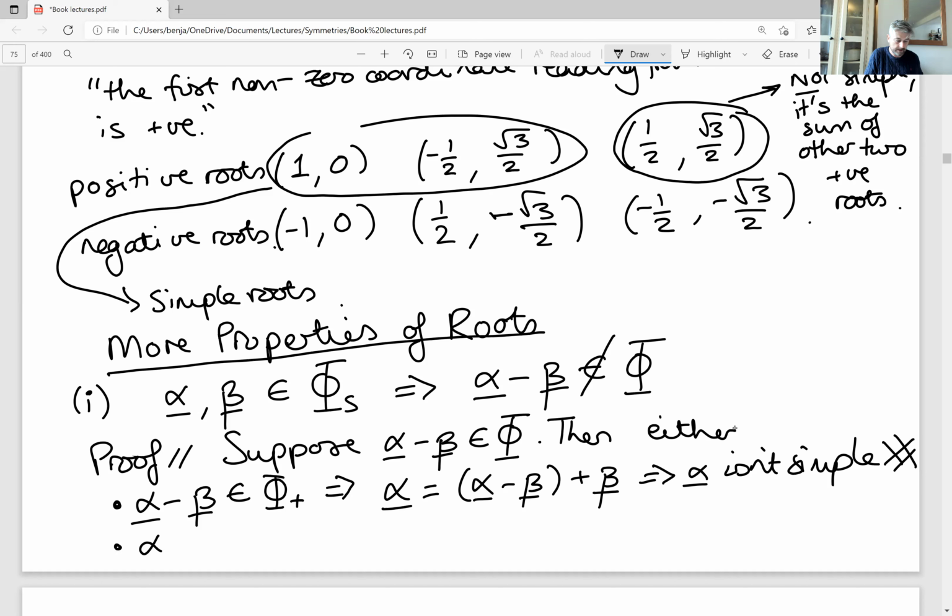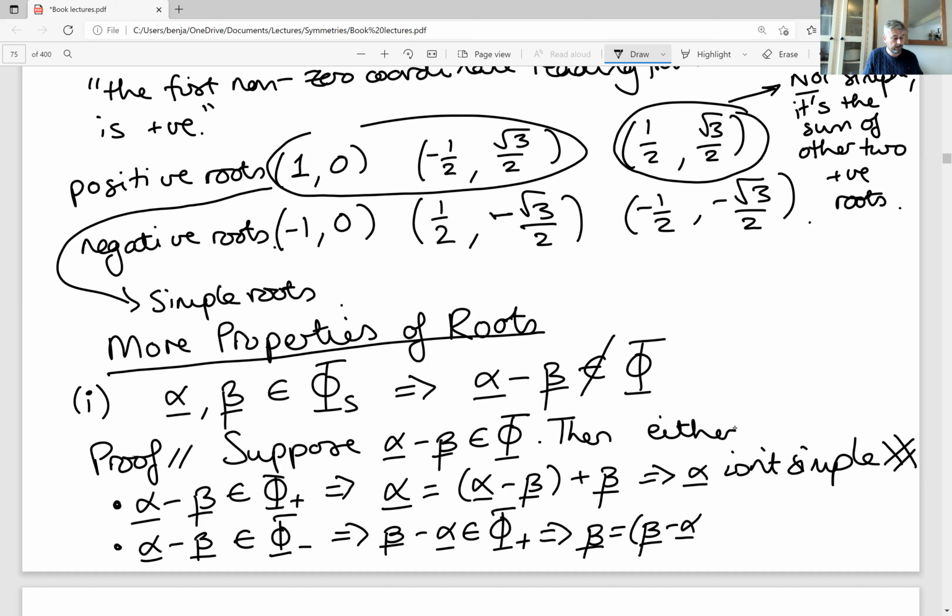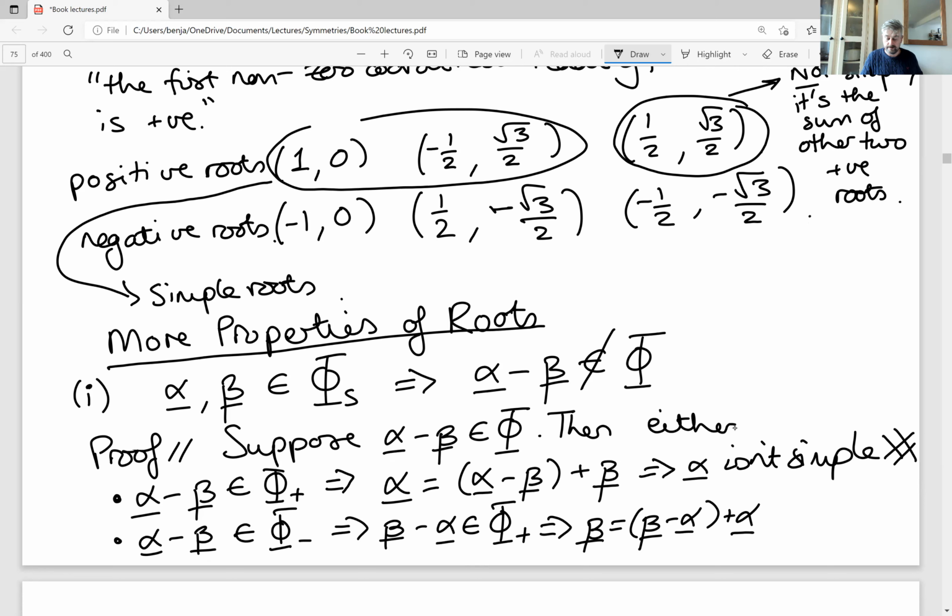And for the argument the other way, let's suppose alpha minus beta is a negative root. Well, we work it in a very similar manner. That means that beta minus alpha is a positive root. So we can just turn the argument around and say that beta is beta minus alpha plus alpha, and again, beta minus alpha is a positive root, alpha is a positive root.